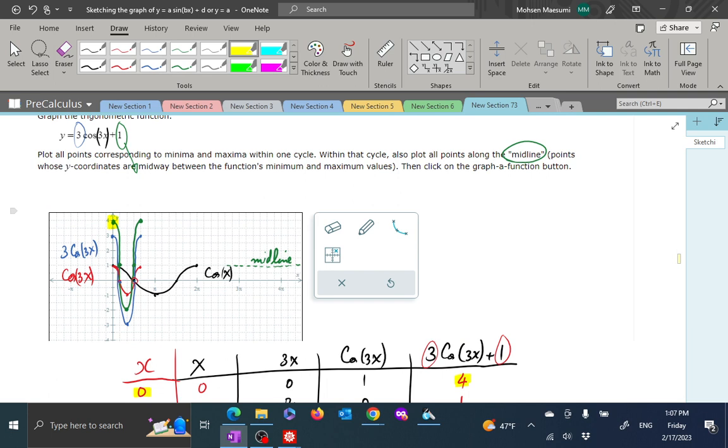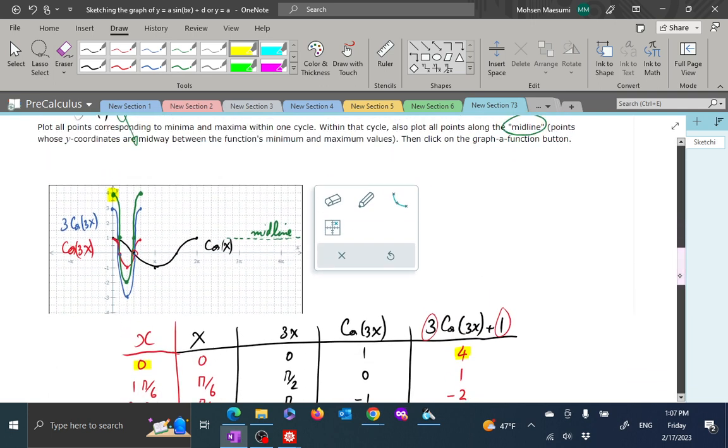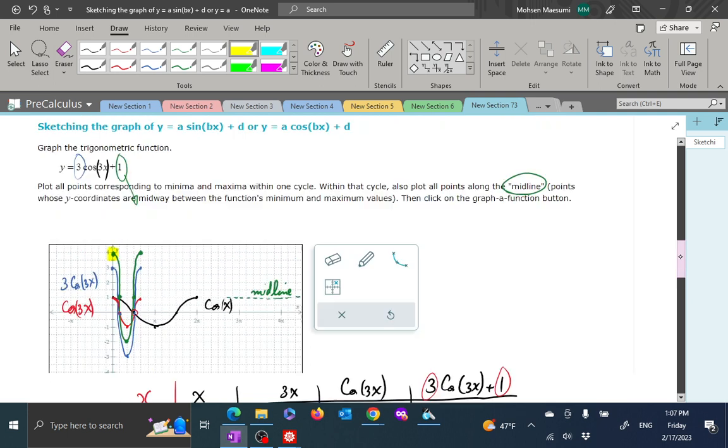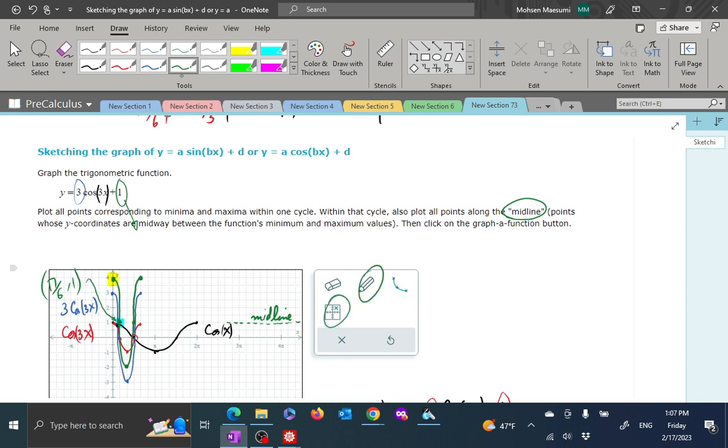That's your first point. Next point, you go and say pi/6 and 1. So pi/6 and 1, you put a point there. Let's label it pi/6 and 1 is the point here that you have to use your pencil or your point plotter to get that.